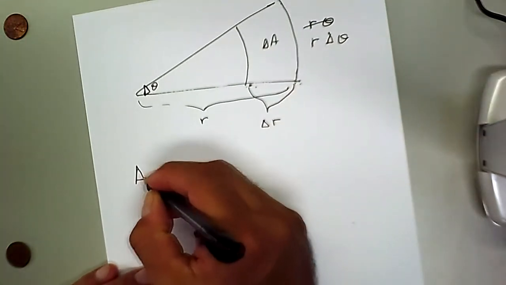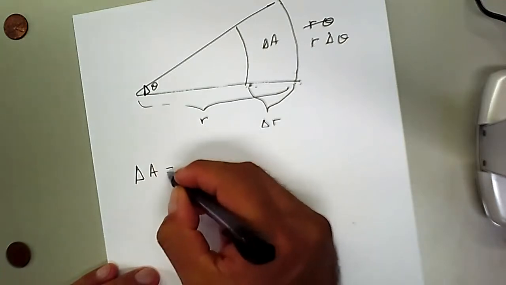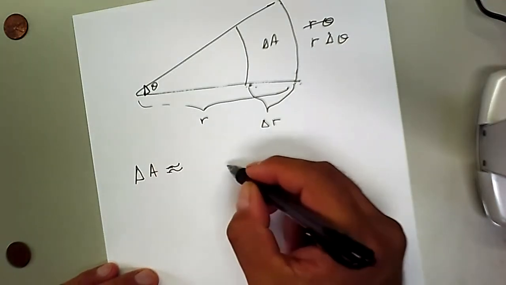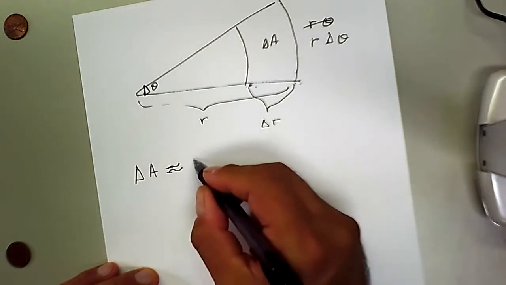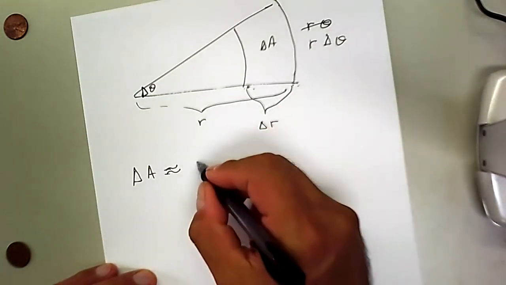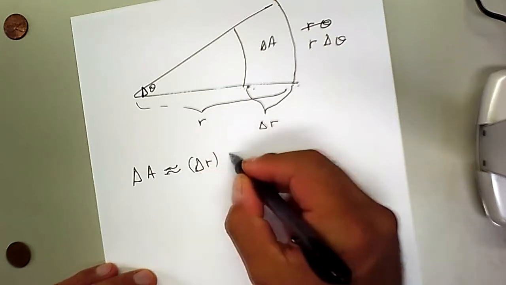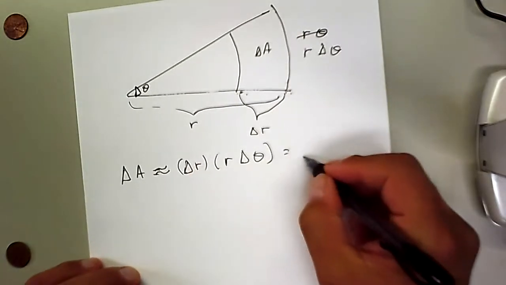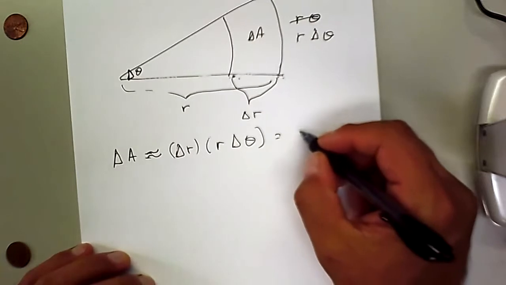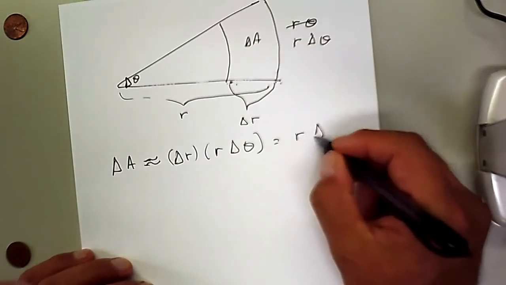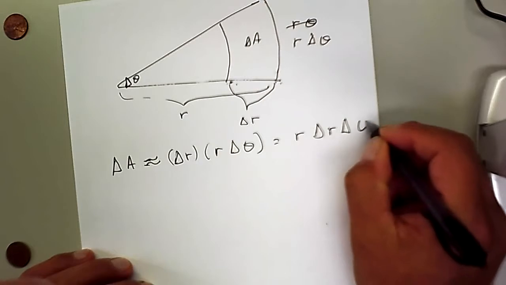So in this case, delta A, the little bit of area, is approximately base times height, delta r times r delta theta, which we can reorder. This is a product, so we have commutativity: r delta r delta theta.